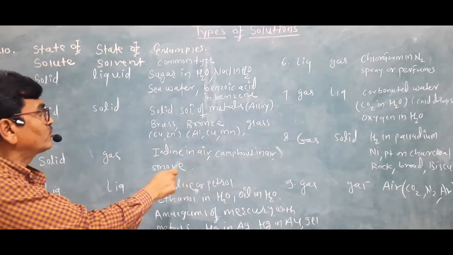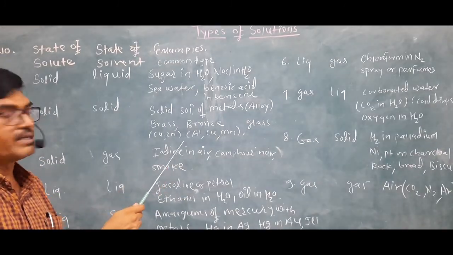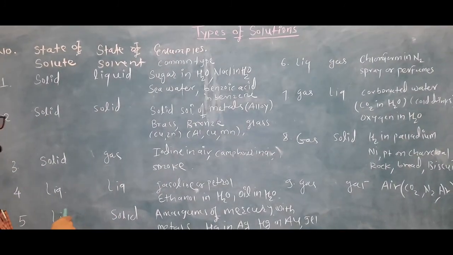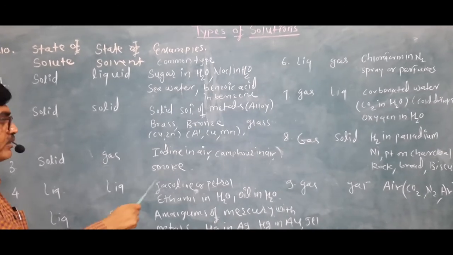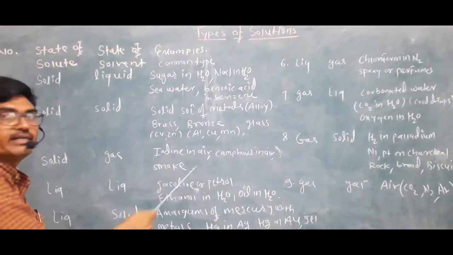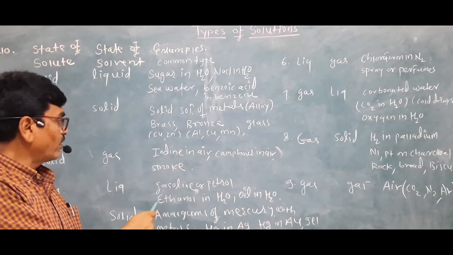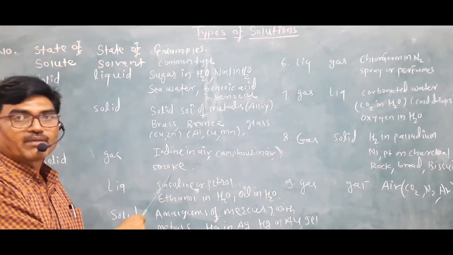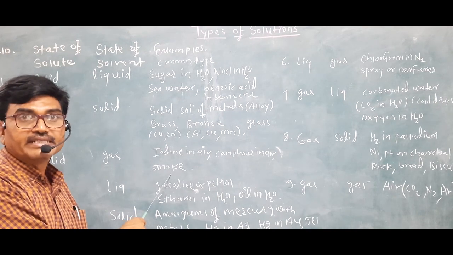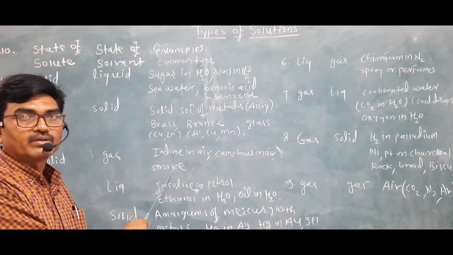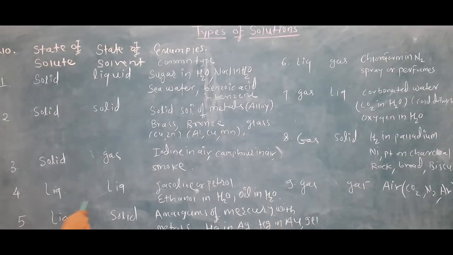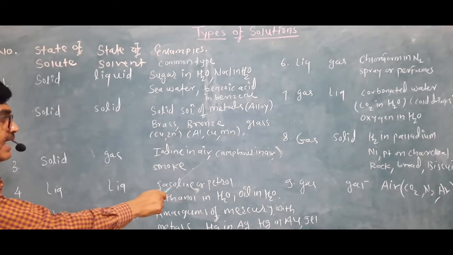Okay, note this. Then solid in gas: iodine in air, camphor in air, ammonia in air. We know the sublimation test. Or smoke, that is carbon particles scattered in air. Solid in gas.